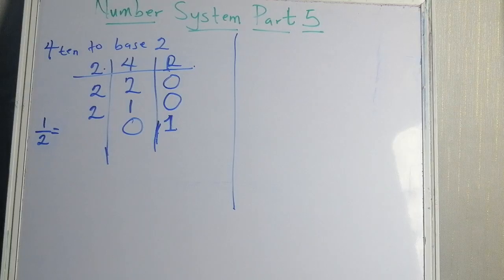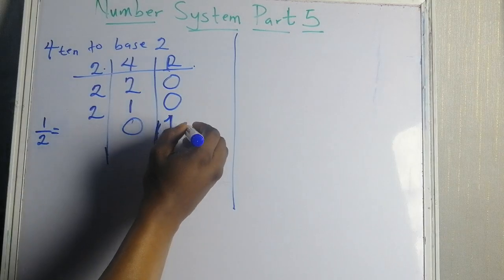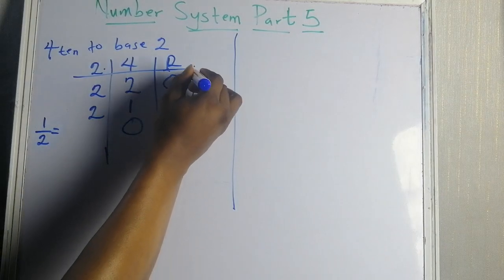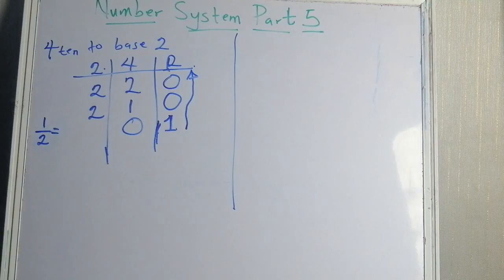So at the end of the day, 1 cannot be divided by 2. Because 1 cannot be divided by 2, definitely you have your 0 as the last one. Then bring the remaining 1 to the remainder. At the end of the day, you count from the bottom to the top, like I showed you in part 4.